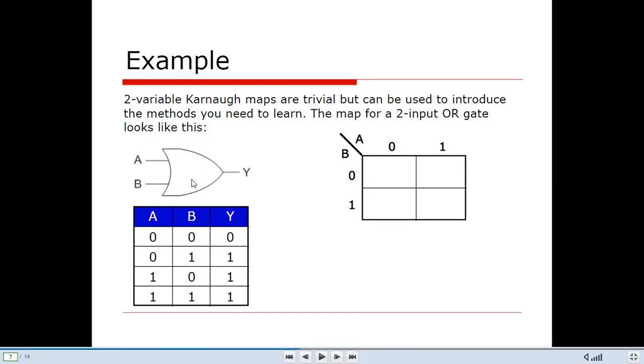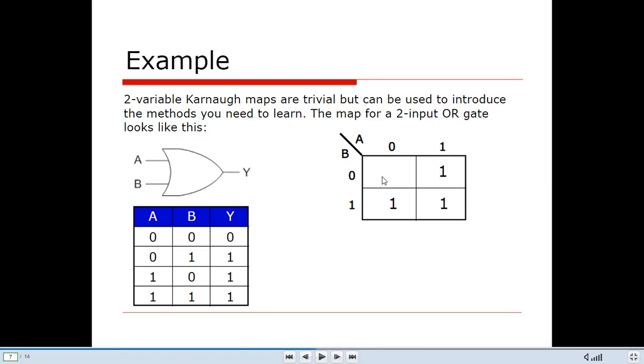A two variable K-map can be used for this because only two inputs are there, A and B. A can be varied from 0 to 1 and B also from 0 to 1. This is called a truth table. If you observe clearly, when both are 0, the output is 0. So in cell number 0, we put 0 and the others are 1.